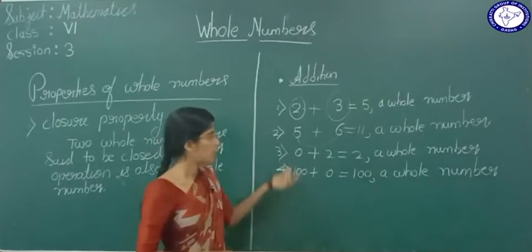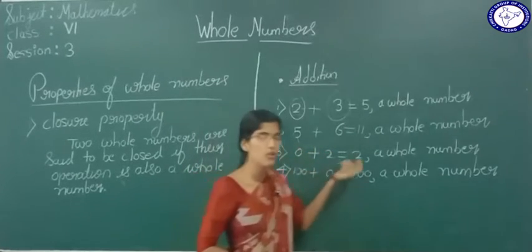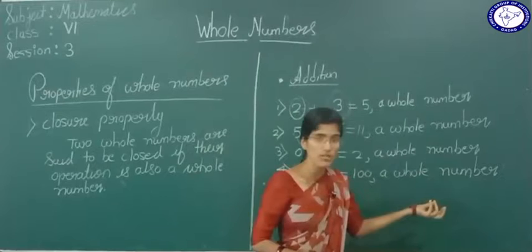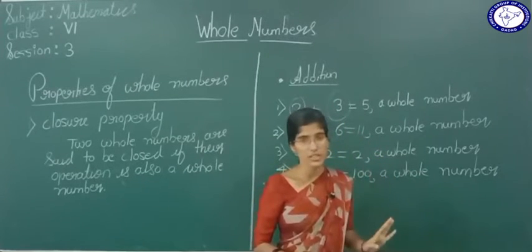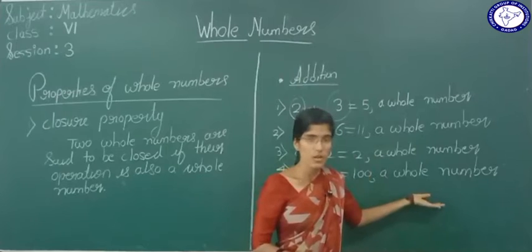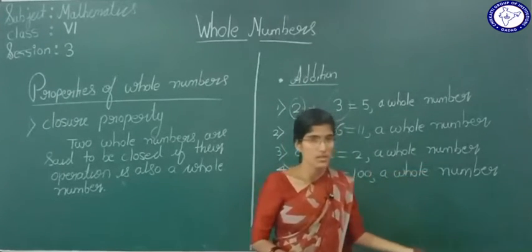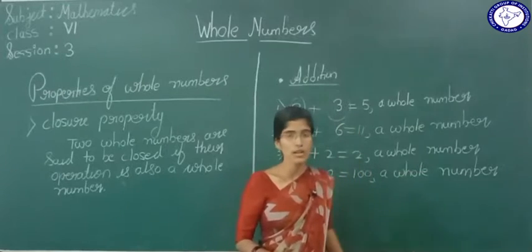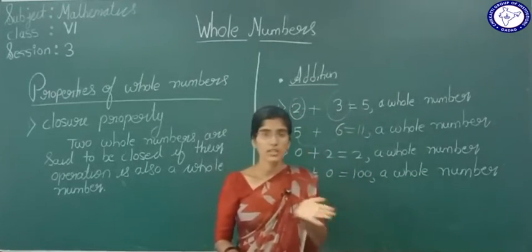Now see here, we took two whole numbers, we added, and a whole number came again. Here we can tell whole numbers are closed under addition. If we did not get a whole number again, we can tell that it is not closed under that operation.